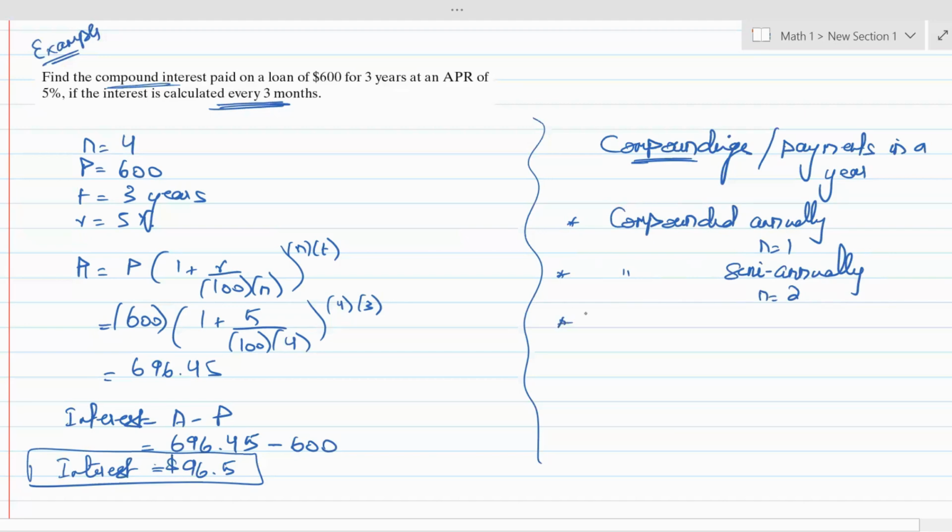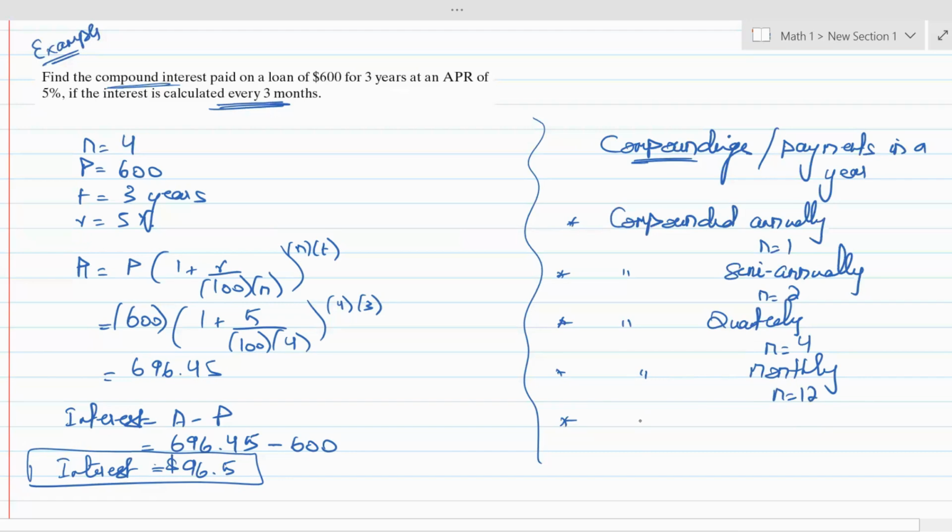If it says compounded quarterly, since there are 4 quarters in a year, n would be equal to 4. If it says compounded monthly, in a year there are 12 months, so n in this case would be 12.